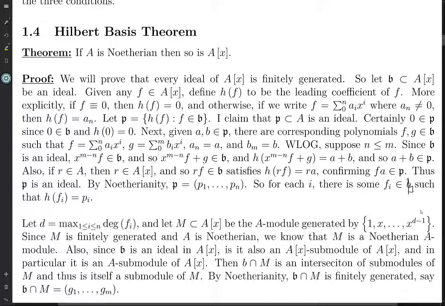M is finitely generated, and A is Noetherian, so M is a Noetherian A module. That's one of the things that we proved when discussing Noetherian modules.